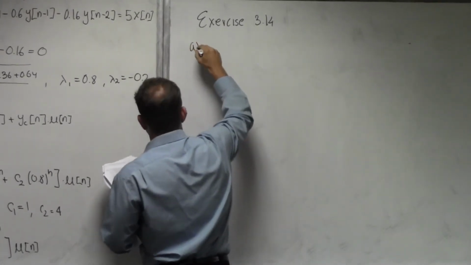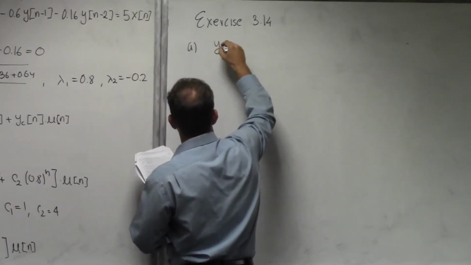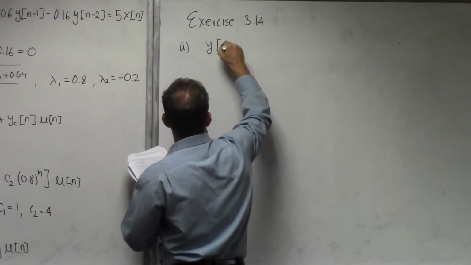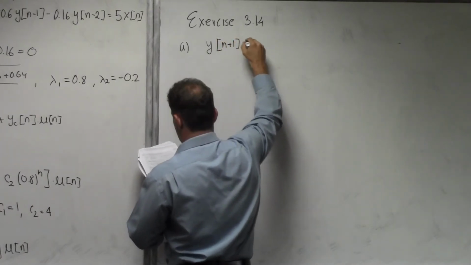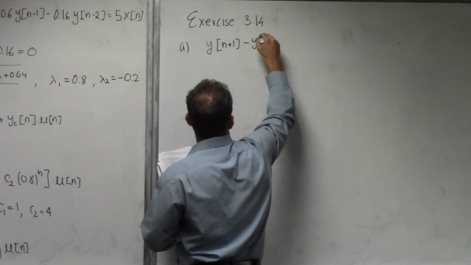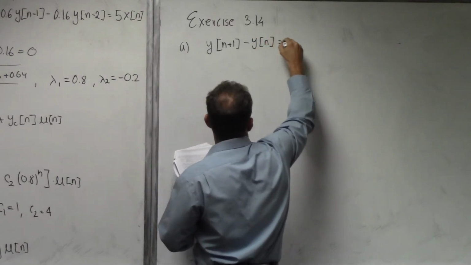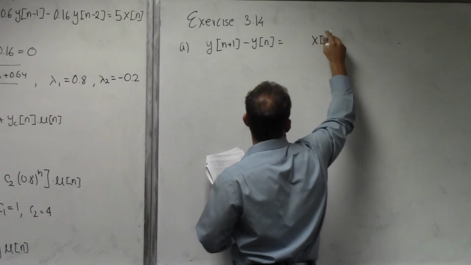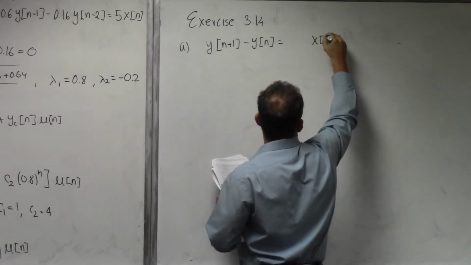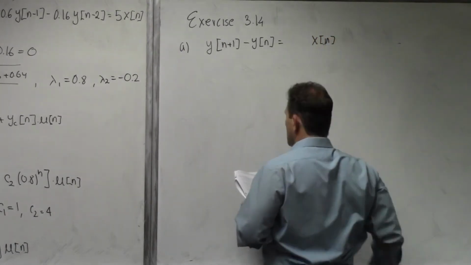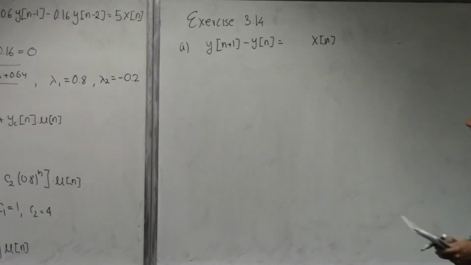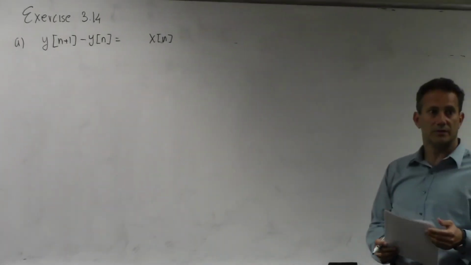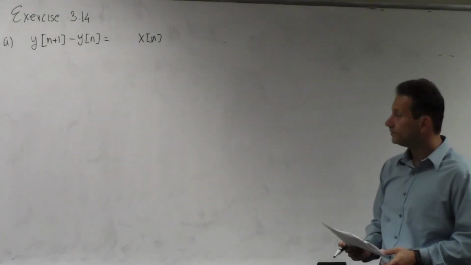Here we have a system that has y of n plus 1 minus y of n is equal to x of n. So what is the capital N in this case? Capital N is equal to 1. So this is a first order difference equation.